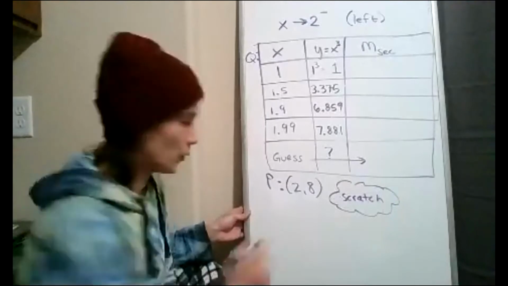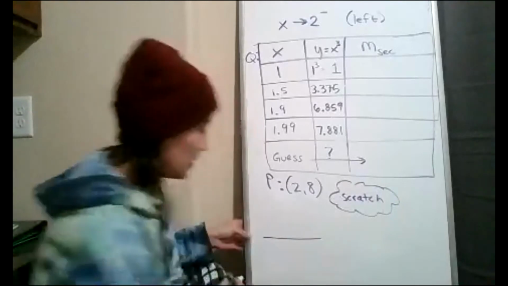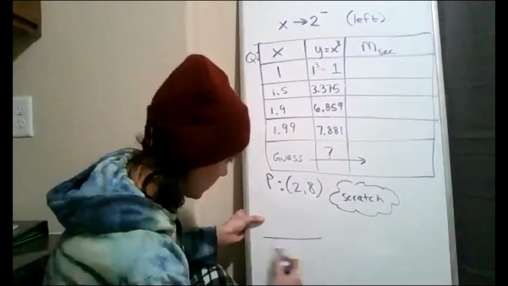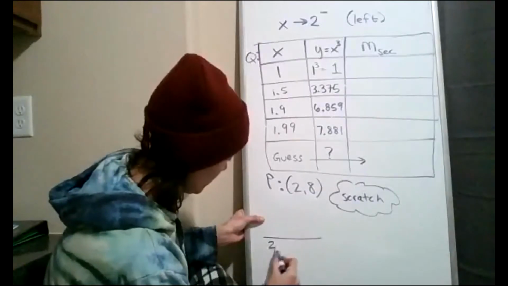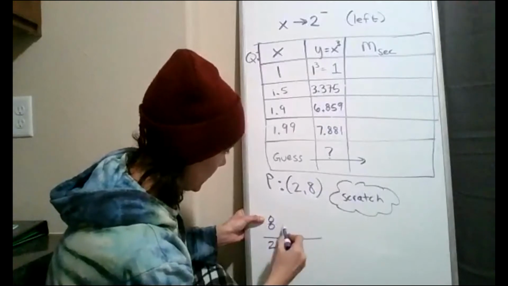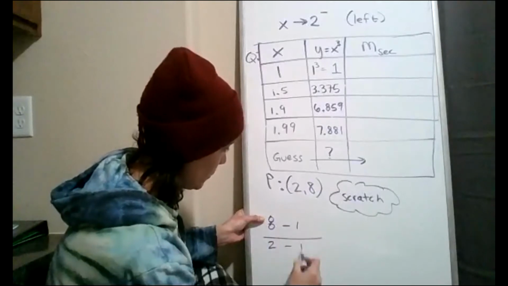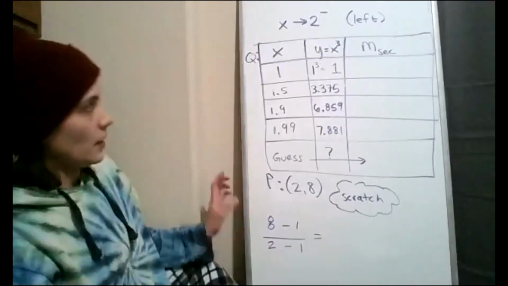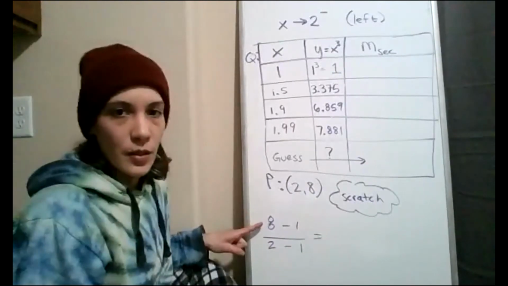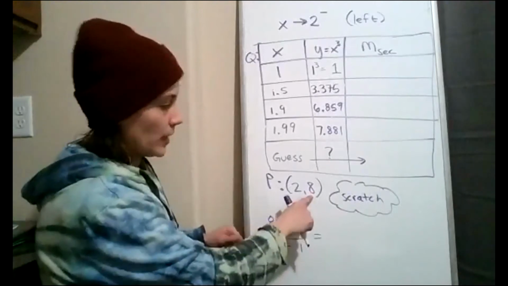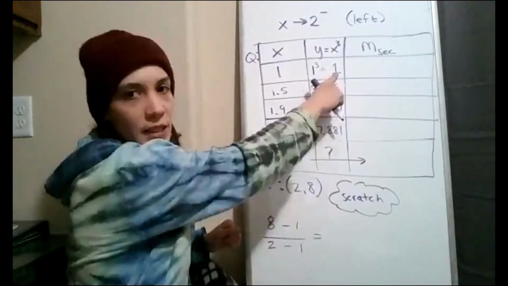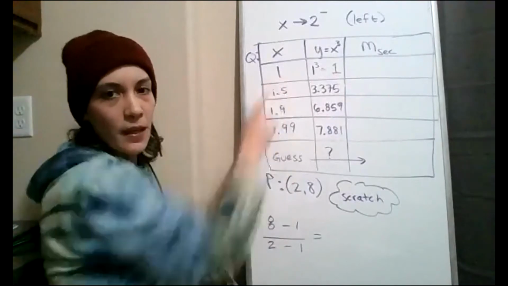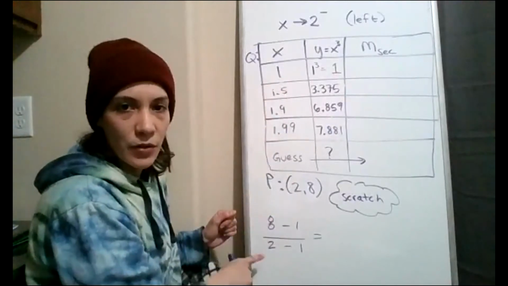We have the point (2, 8) and the other point (1, 1). So the difference in the y values, a y value of 8 and a y value of 1, and then your difference in x values, 2 and 1. Okay, so 7 over 1 is 7.